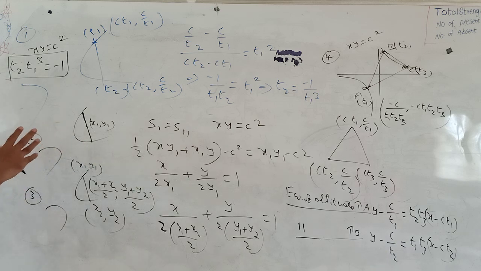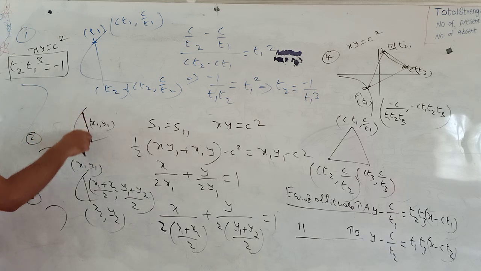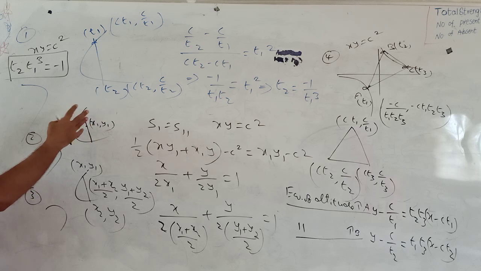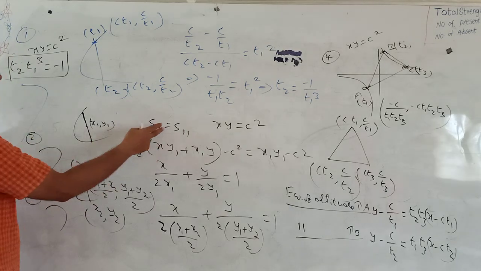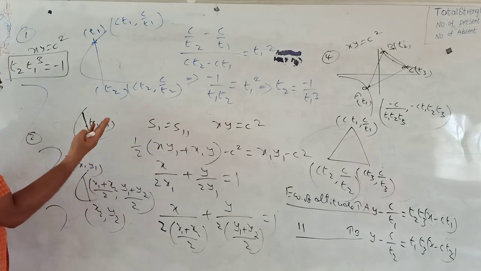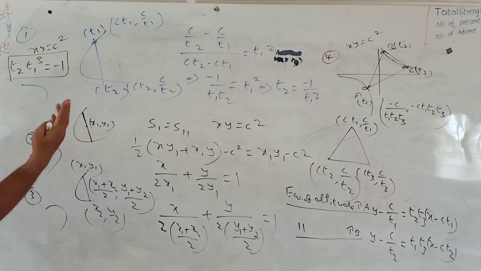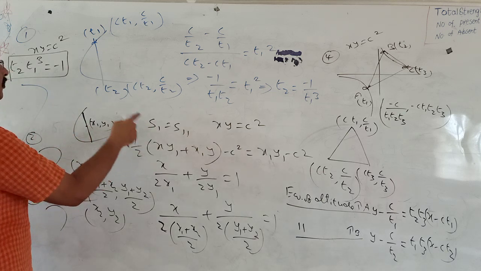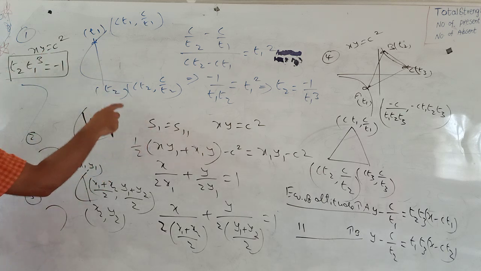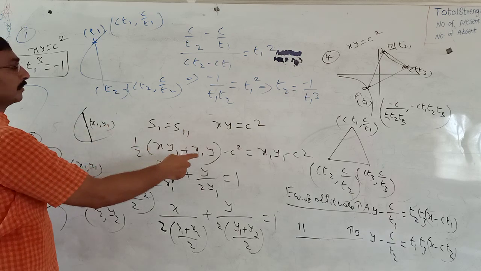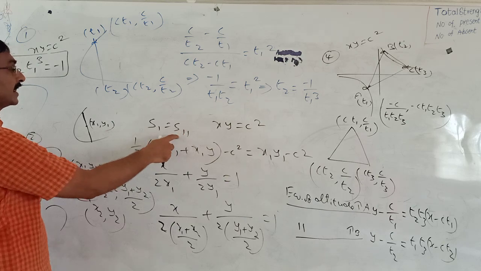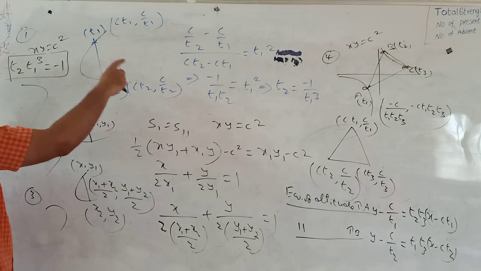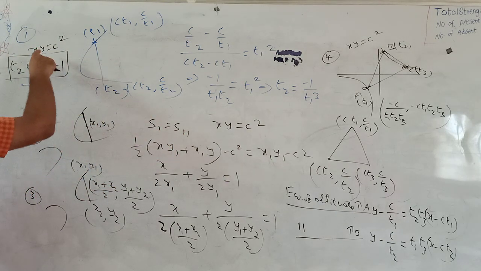All of you know, for any second degree curve S equal to 0, the equation of the chord having midpoint x1 y1 is S1 equal to S11. We have seen this in the last three topics: parabola, circle, ellipse, and hyperbola. But for this, S1 is x y1 plus x1 y minus c square. All of you know how to write S11 from S: just replace x with x1, y with y1.